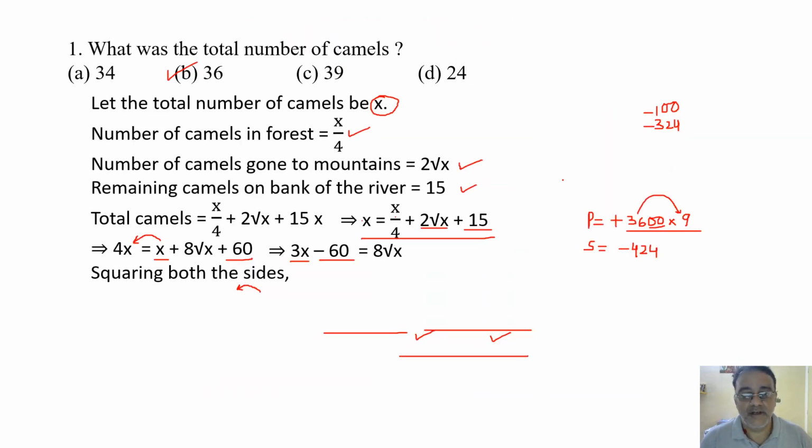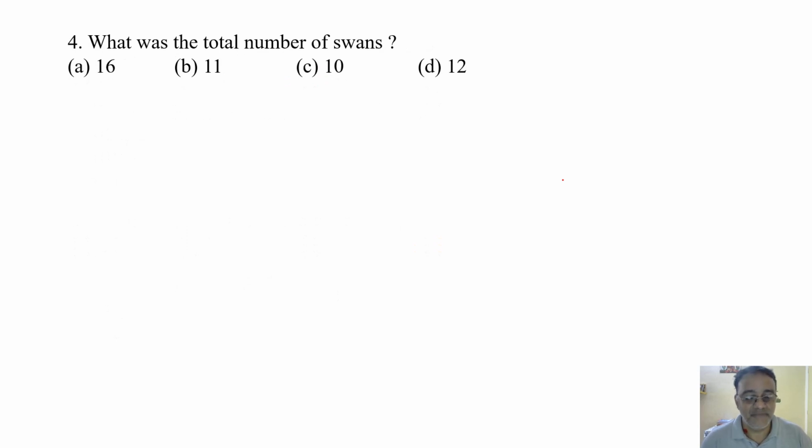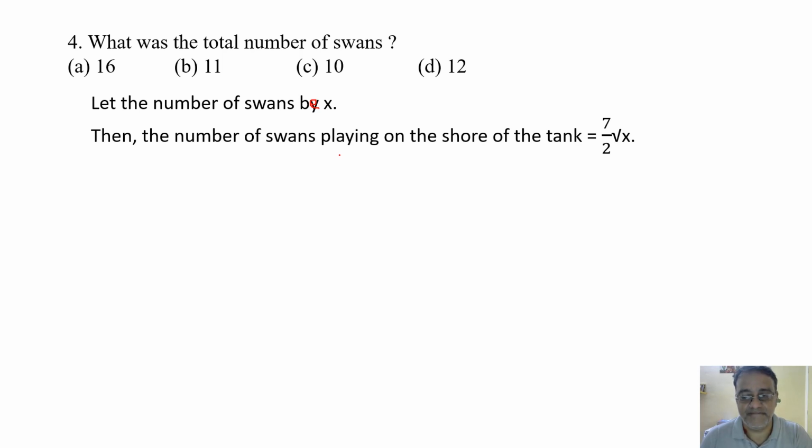Okay, I'm going back to question number 4, right? So first let the number of swans be x, right? So the number of swans playing on the shore of the tank is already given, 7/2 times the square root of x. This is clear?